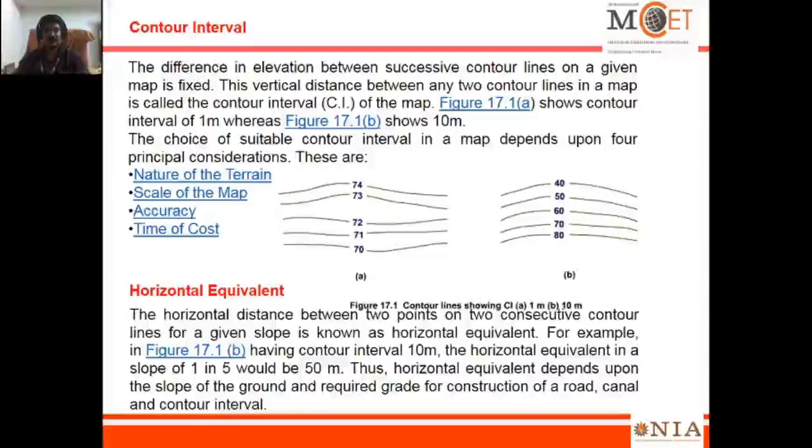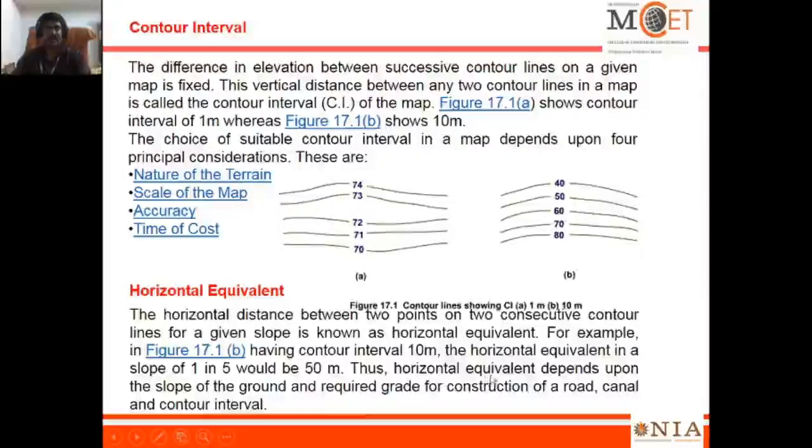Then what is horizontal equivalent? The horizontal distance between two points on two consecutive contour lines for a given slope is known as horizontal equivalent. For example, we will see the figure having a contour interval of 10 meters. Similarly, the horizontal equivalent in a slope of 1 in 5 would be 5 times 10, which gives 50 meters of horizontal distance.